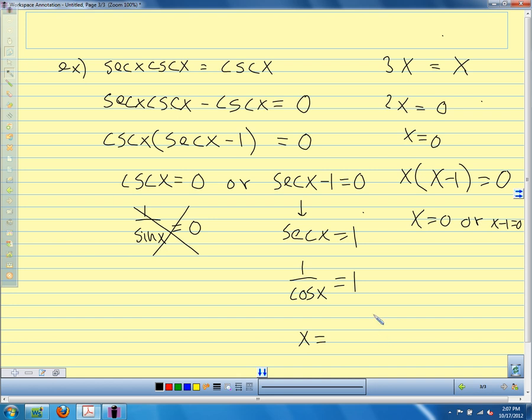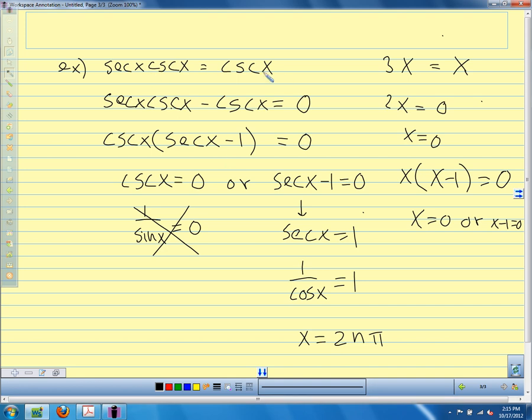You're thinking sine. Where's the cosine 1 on our unit circle? At pi, it's negative 1. So it would be 1 at 0, or what's another name for 0? 2 pi. So x equals any multiple of 2 pi. So the solution to this equation would be any multiple of 2 pi, 2n pi.